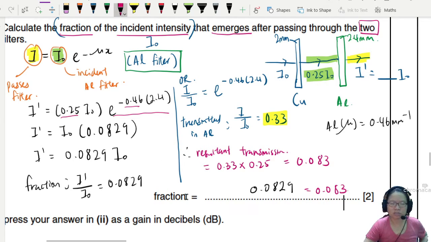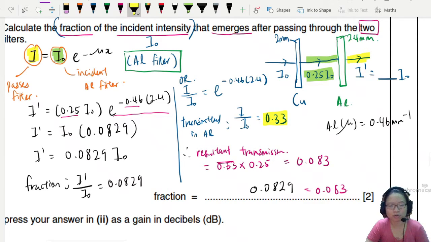So the blue color method is okay. You just find the ratio for aluminium and you multiply by the ratio of copper. Because in copper, 25% pass through. In aluminium, 33% of the 25% pass through. So you incoming, you got 100%. Pass through copper, you got 0.25. Pass through aluminium, you have 33% of the 0.25.